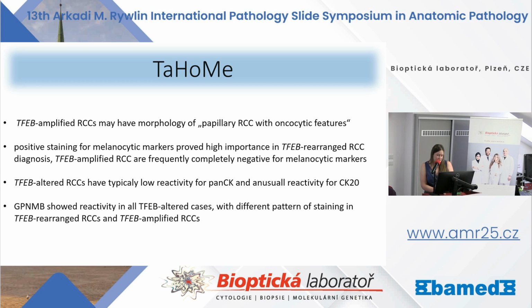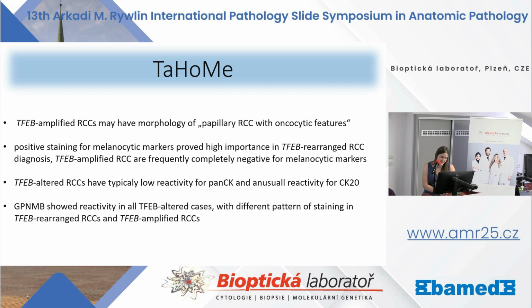Take-home message: TFE-B amplified renal cell carcinoma may have morphology of papillary renal cell carcinoma with oncocytic features. A positive staining for melanocytic markers is very important and has good sensitivity in TFE-B translocated renal cell carcinoma, but TFE-B amplified renal cell carcinomas are completely negative for melanocytic markers.